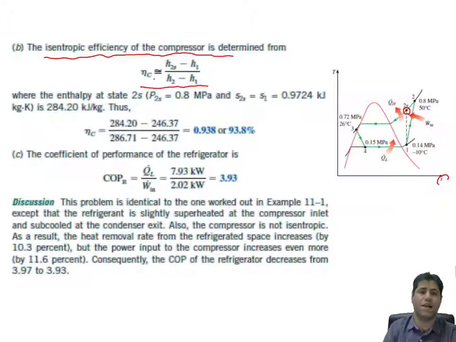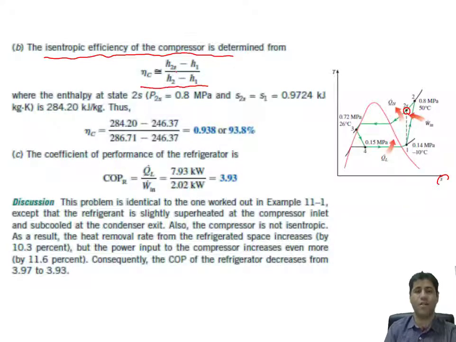Now, to calculate the isentropic efficiency of the compressor, we use this equation, introduced in the previous session: H2S minus H1 divided by H2 minus H1. H1 and H2 we have already found.